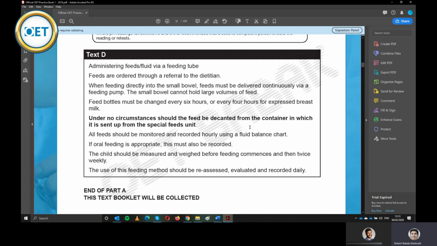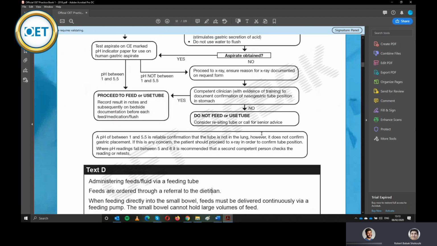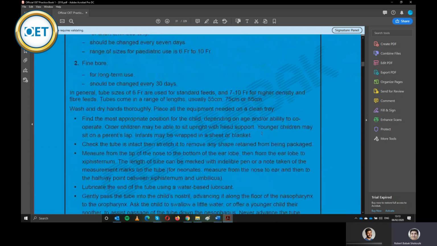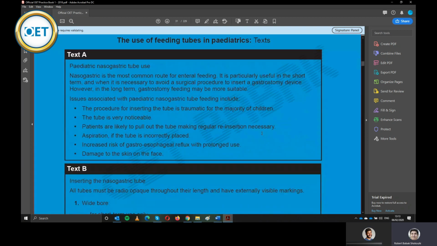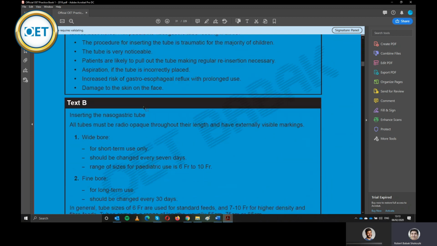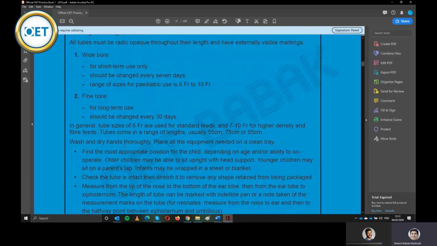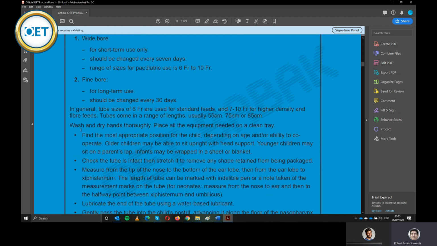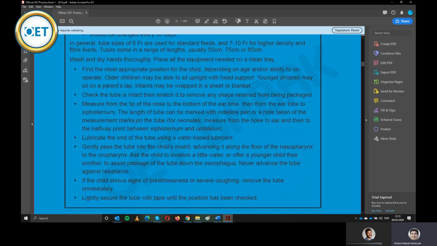So we have a quick look and see what is what. Okay, so in general, what we have is text A talks about the pediatric NG tube and issues, right? Text B is about the sizes, and then the procedure, how we insert it.